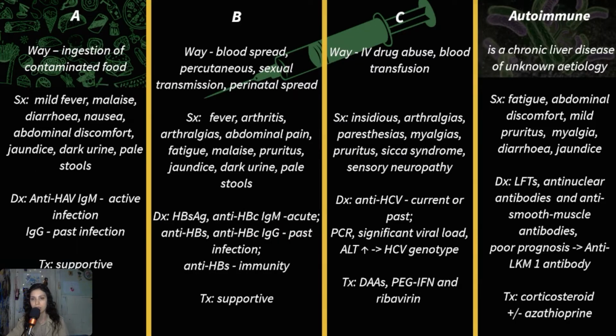So next is Hep C, and the way is IV drug abuse and blood transfusion. Also sometimes the cause is unknown, and symptoms are insidious, because it could be asymptomatic, but 80% eventually have chronic hepatitis.